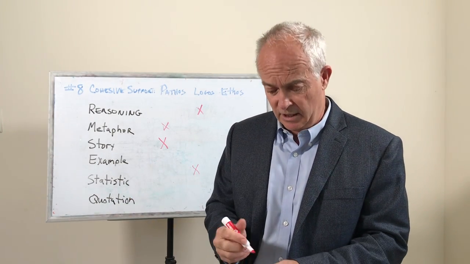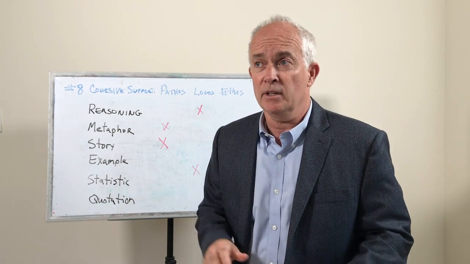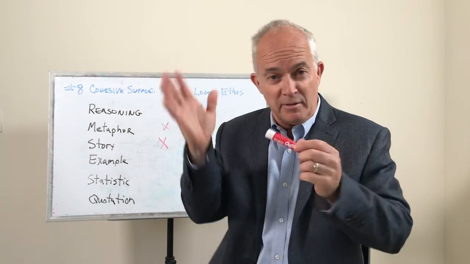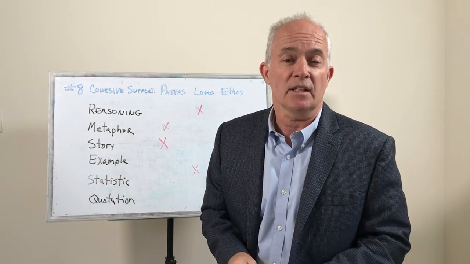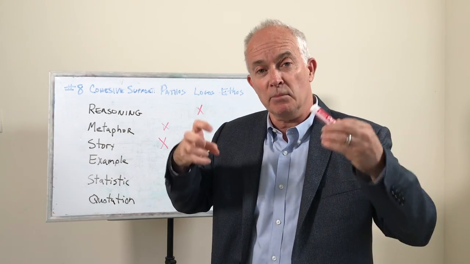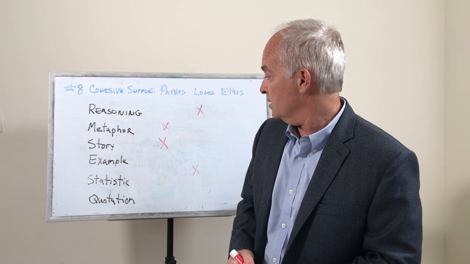So you wouldn't want to say there are 6 billion, 597 million, 323,000. You would just say there's approximately 7 billion people in the world. By rounding up, it gives the audience members a chance to comprehend and remember your statistic.